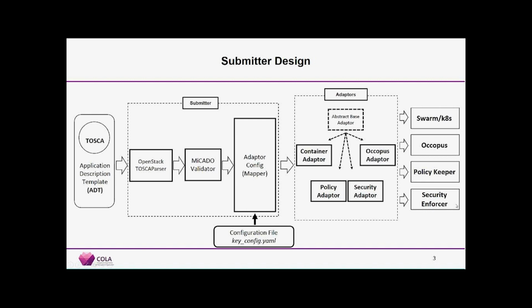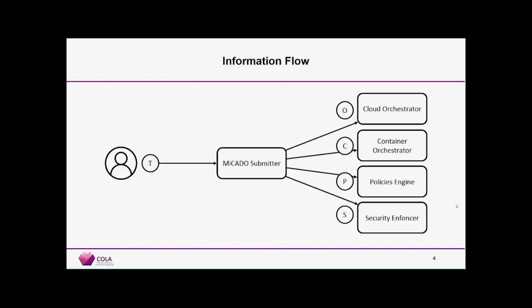So to make it much more simple than that, here's the information flow. There's a developer or someone writing a TOSCA, which is T, on the left side of your screen. They feed it into the submitter, and it gets broken down into understandable translations for the cloud orchestrator, which at the moment is Octopus, for the container orchestrator, which for the longest time has been Swarm, but we're now slowly thinking about moving to Kubernetes, and then to a policies engine, and to a security enforcer.